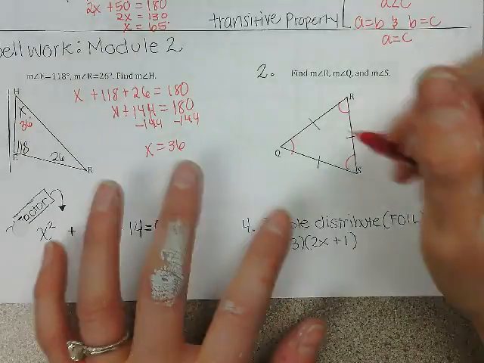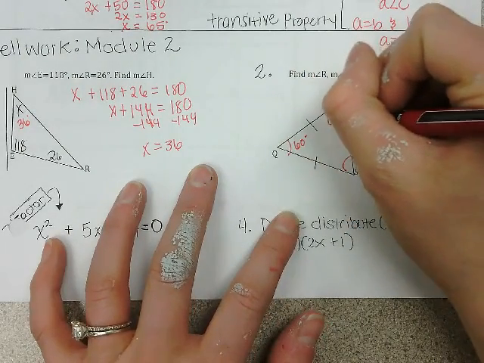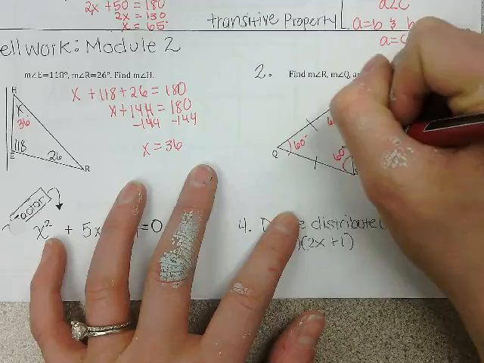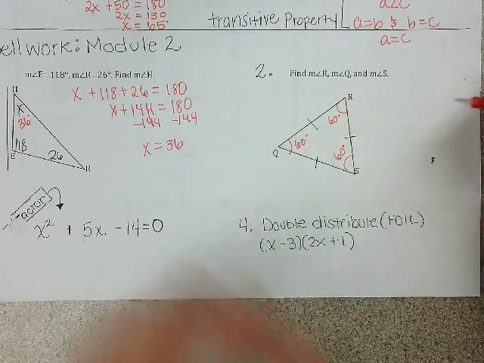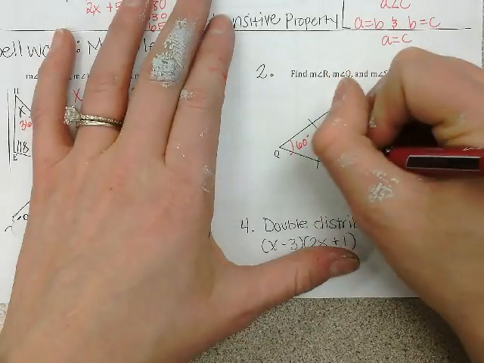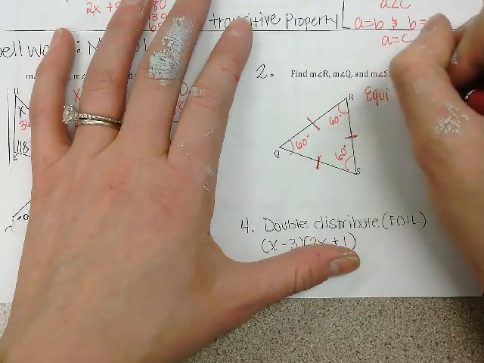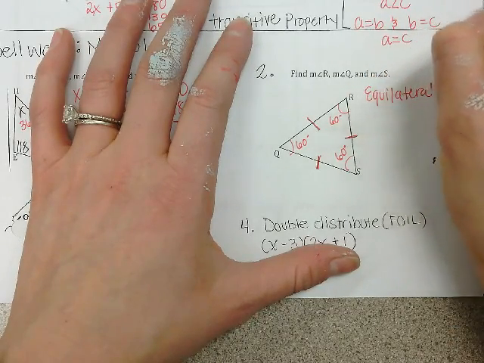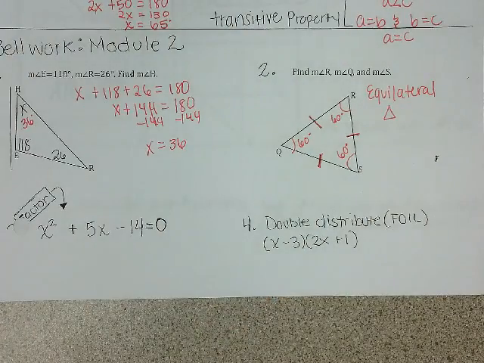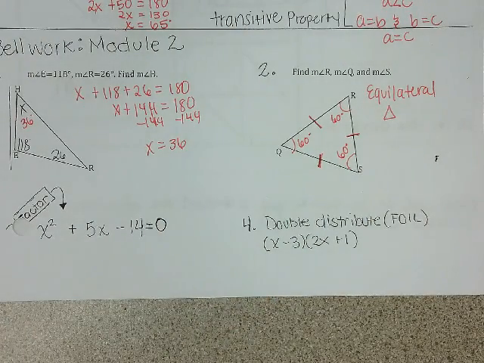So how do I know this is an equilateral triangle? All the sides are congruent. How do you know that? Because of the lines. So, equilateral triangle. Okay, so equilateral triangles, their angles are always 60 degrees.